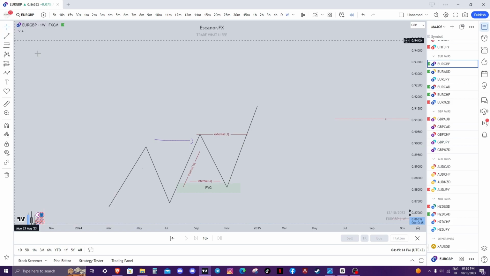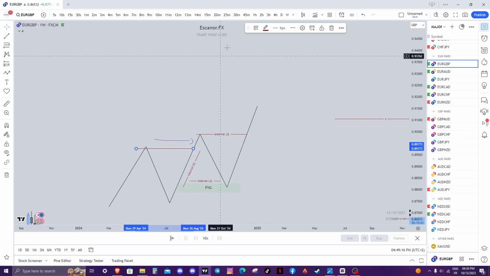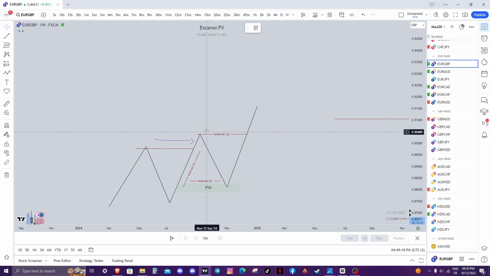Let's say we took this external range liquidity here, and the market starts dropping to the downside. Most likely price looks for some discounted fair value gap here to push again to the upside. At the same time, this external range liquidity will be the next target, and all highs here also represent external range liquidity.